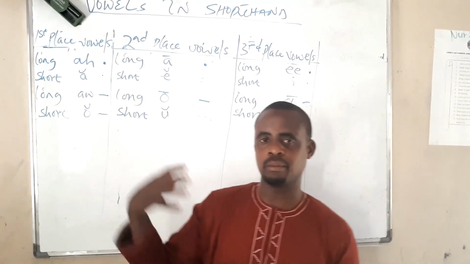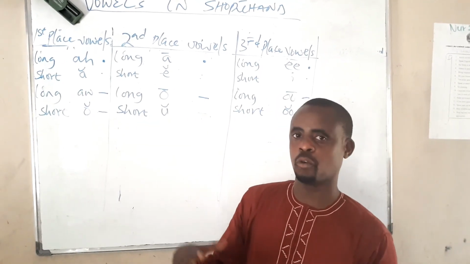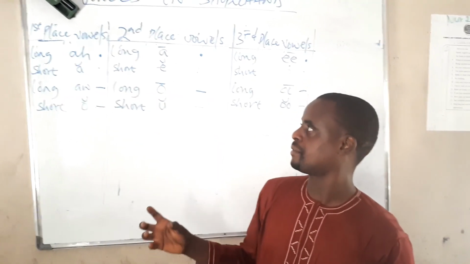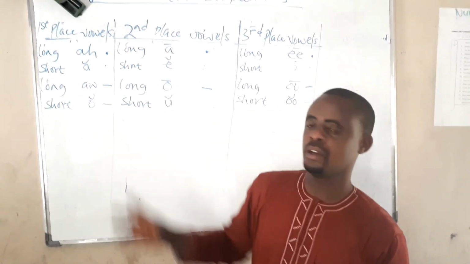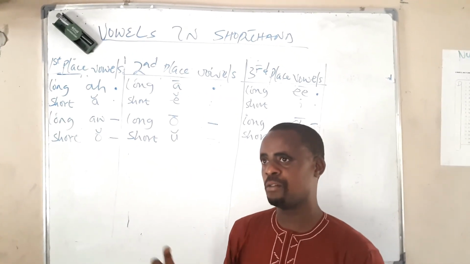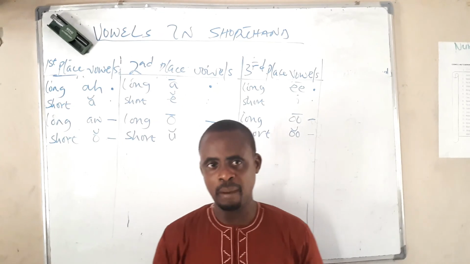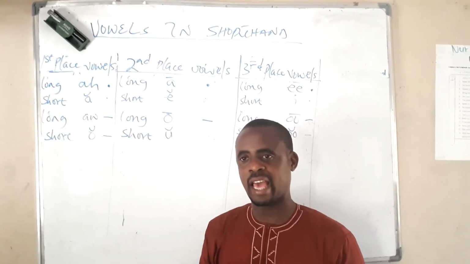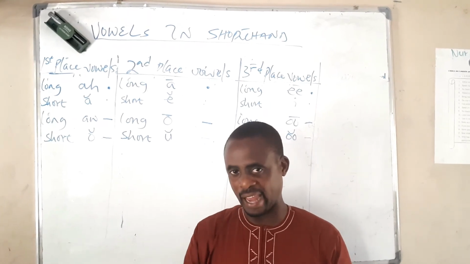Okay, let us give examples for these vowels that we have, in the first place, second place, and third place. But before I give you an example, remember that in shorthand, an outline is written on a line.